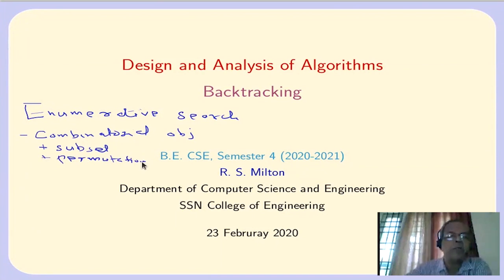In order to search for a combinatorial object, we generate all possible combinatorial objects and then search for an object which satisfies the given criteria. And we call that enumerative search.